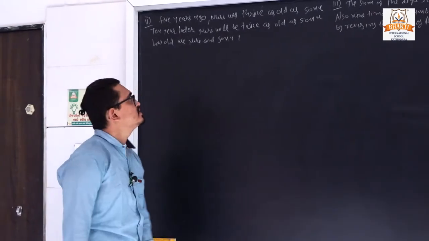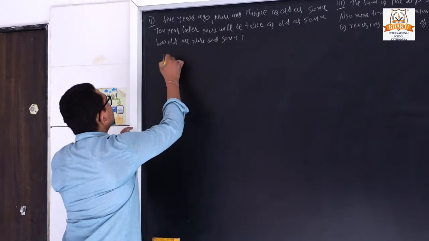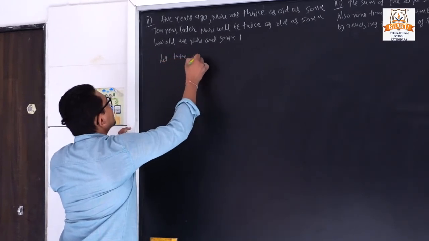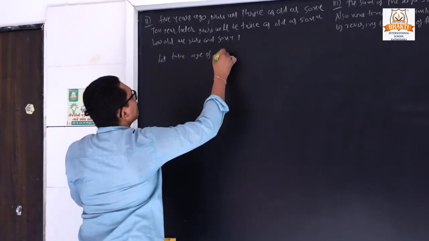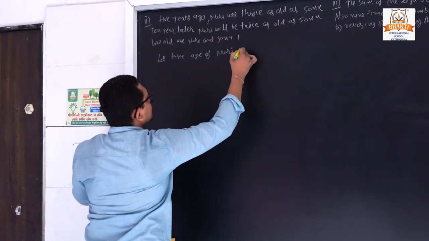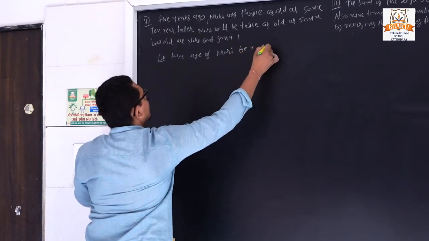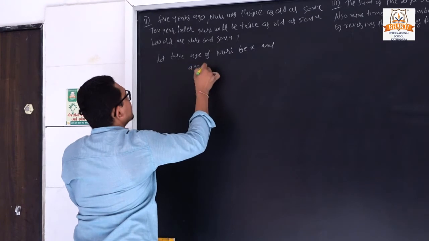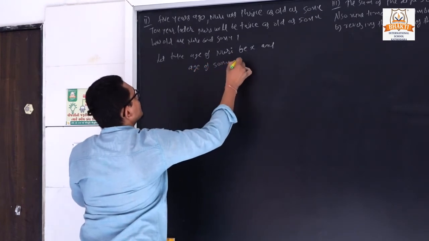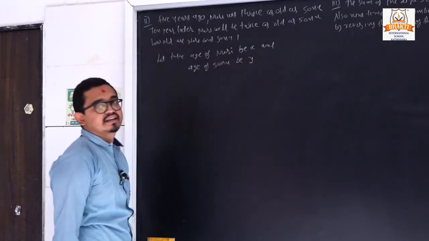5 years ago Noori was thrice as old as Sonu, so once again it is a word sum. So let us take the age of Noori to be x and age of Sonu be y.